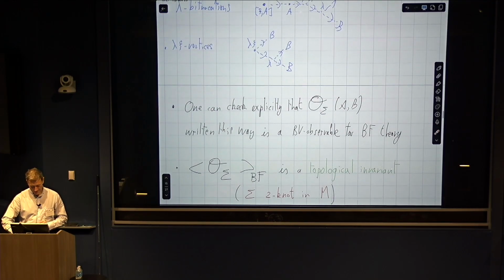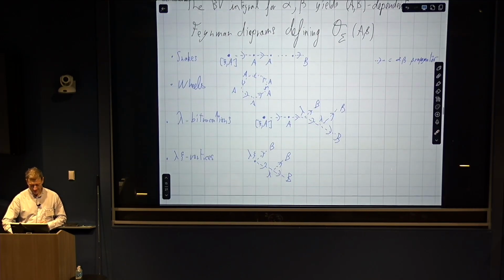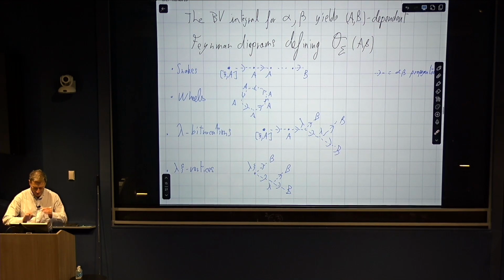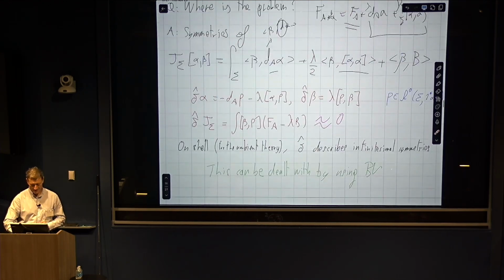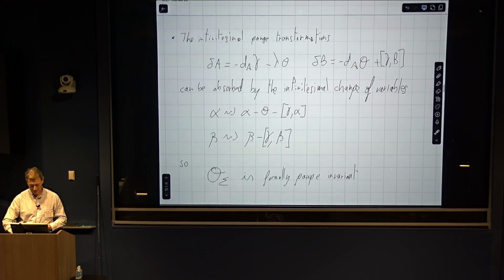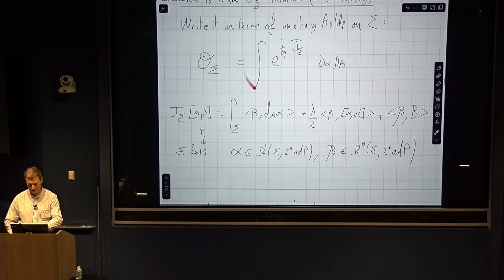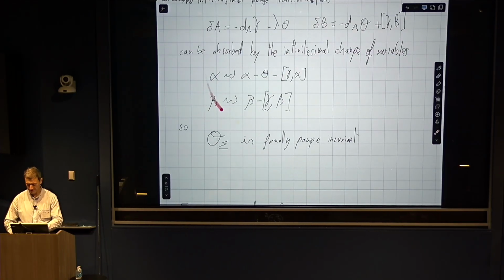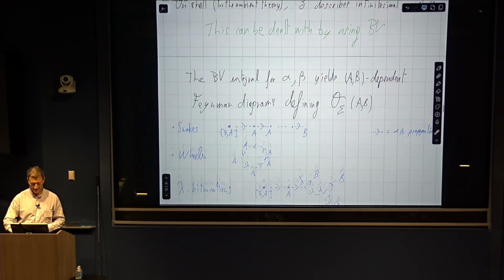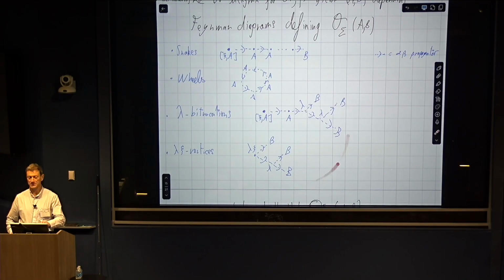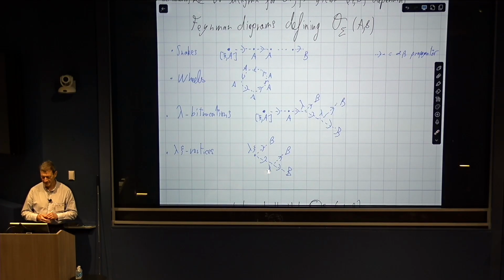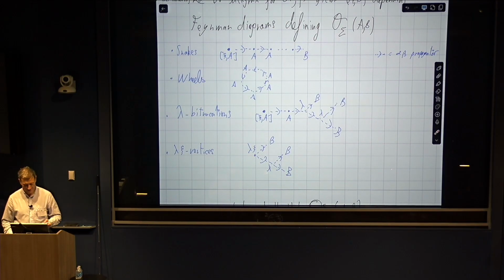Okay. So what you can do here is take this expression, and if you didn't believe me that doing this functional integral produces an observable, you can actually check that this expansion in Feynman diagrams is an observable for BF theory directly. The reason is that, for example, you can have some gauge transformation on A, which is a covariant derivative of something.